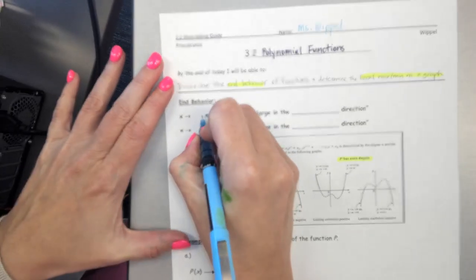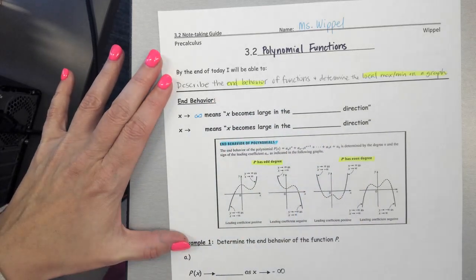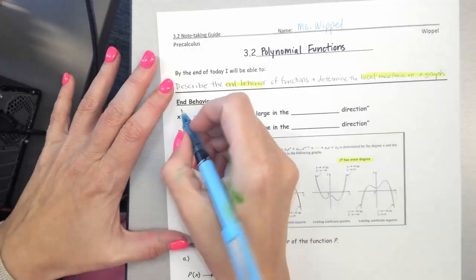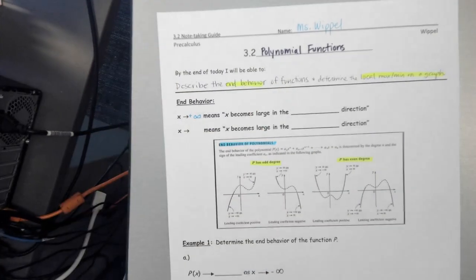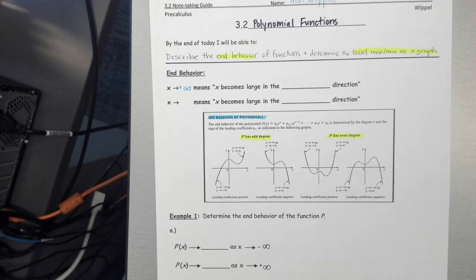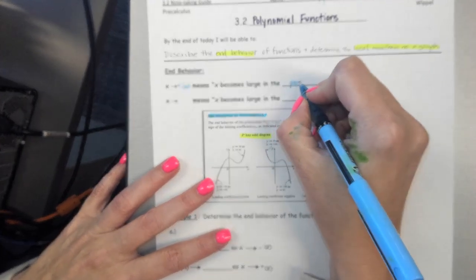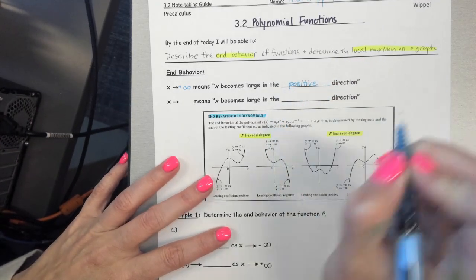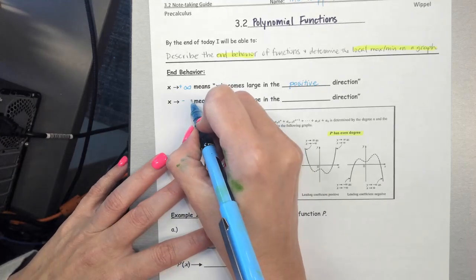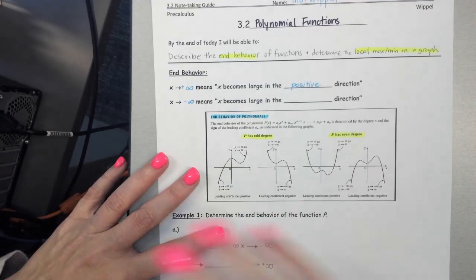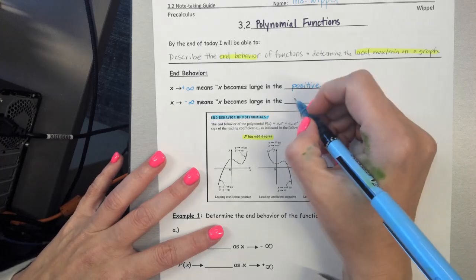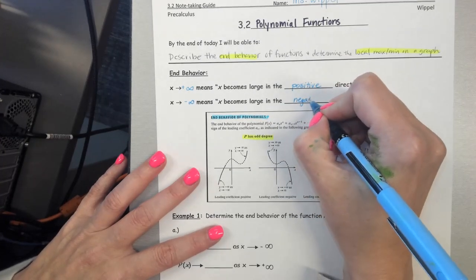So if you have infinity, or sometimes you might see it as a positive infinity like this, as x goes to infinity, or you can put the plus, the positive infinity. What that means is x becomes very large in the positive direction. And if it's a negative infinity, the x values are becoming large in the negative direction.